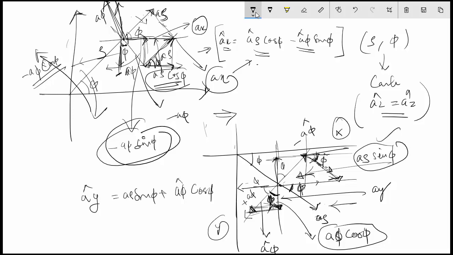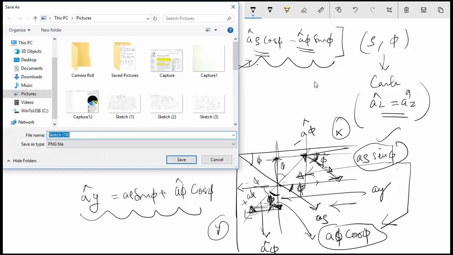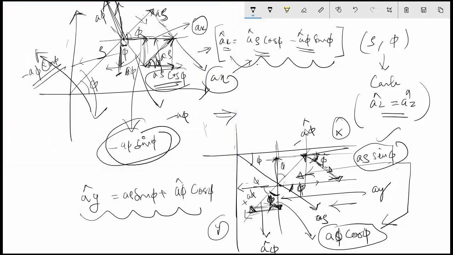So this whole distance is the summation of a rho sin phi and a phi cos phi. I'm stopping here, having shown how it is possible to get the conversion graphically.